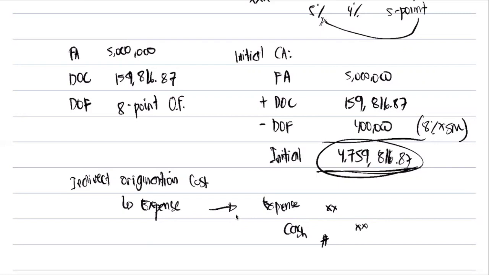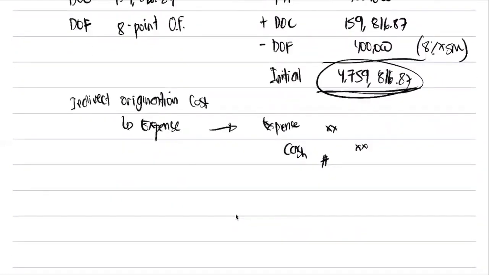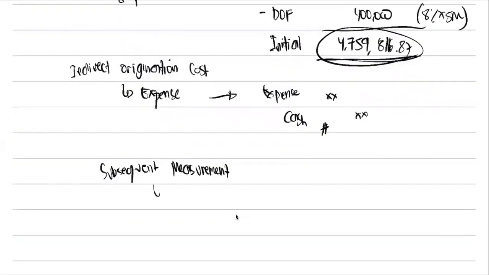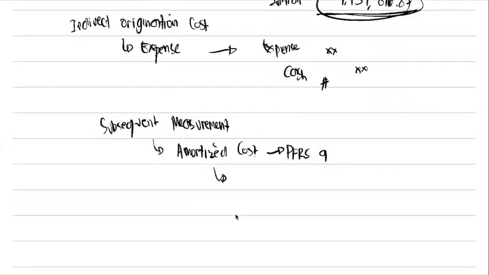So we're done with our initial measurement. We proceed now to our subsequent measurement. So how do we subsequently measure your loans receivable? Your loans receivable is subsequently measured at amortized cost. This amortized cost is still included under PFRS 9. But what method of amortizing?